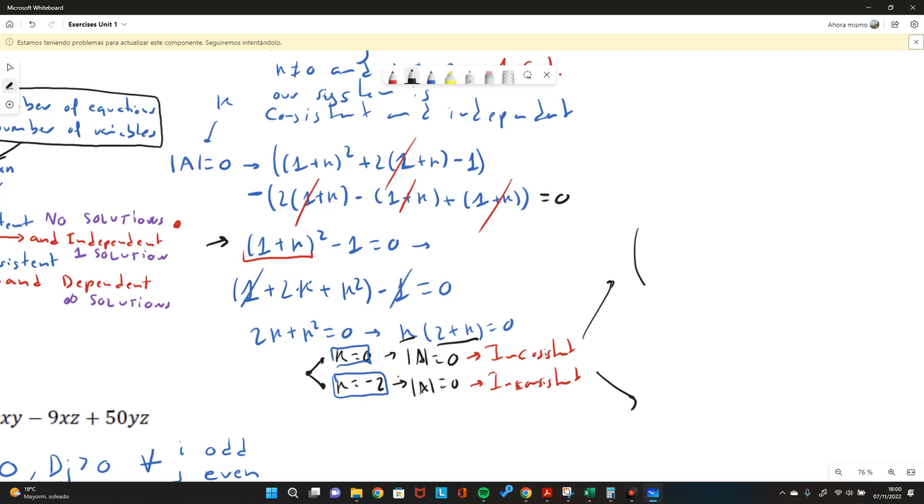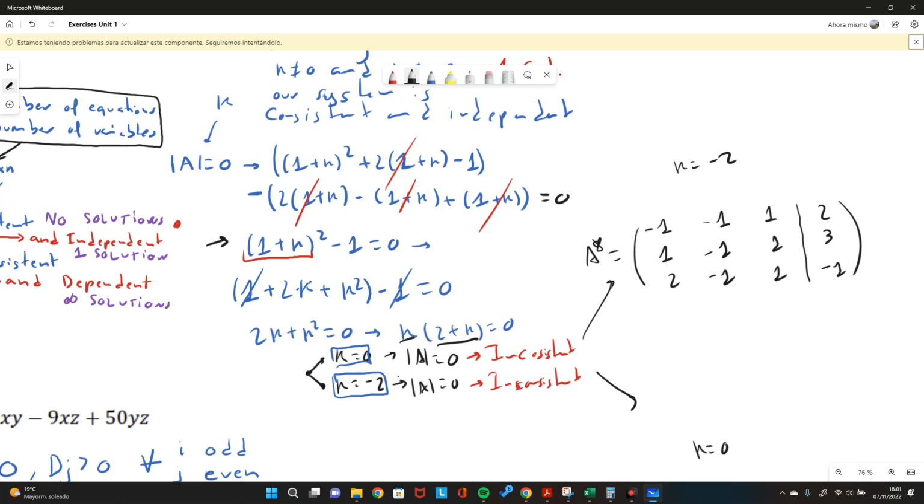For 0, the system stays like this: minus 1, 1, 2, minus 1, minus 1, minus 1, 1, 1, 1, and then 2, 3, minus 1. This is the augmented A in the case that k equals minus 2. I'm so sorry, this is in the case that k equals minus 2.